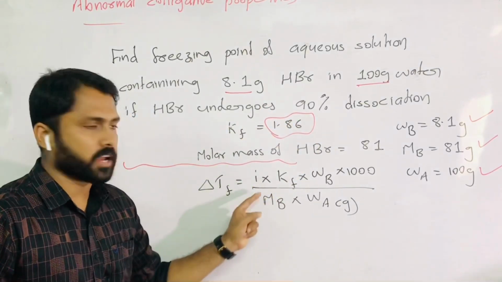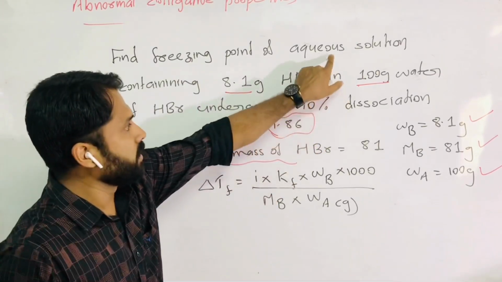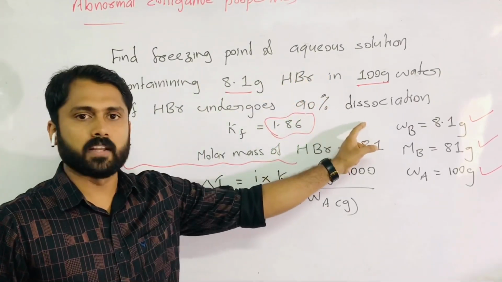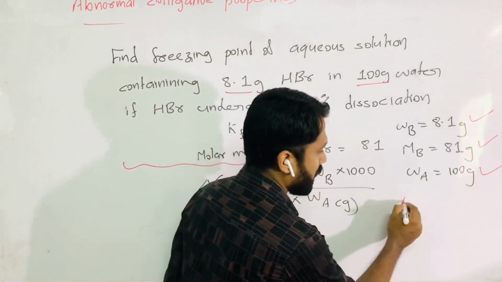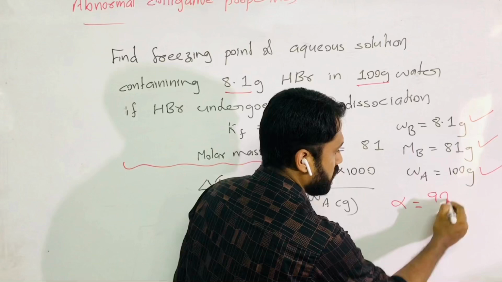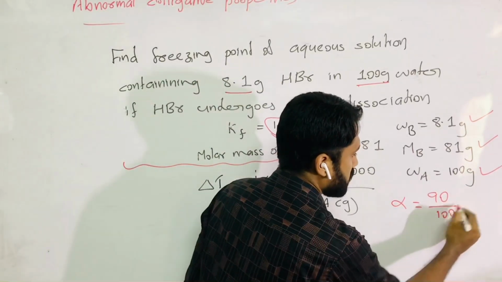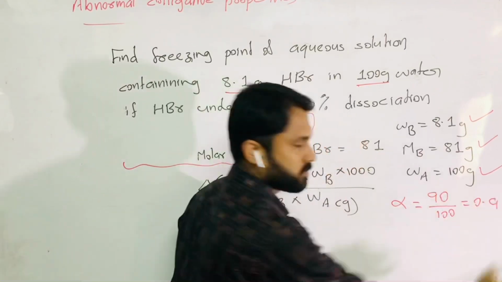Here we have to calculate i. In the question there is an indication of 90% dissociation, so we can calculate alpha first. How? 90, that is percentage of dissociation, by 100, that's equal to 0.9.